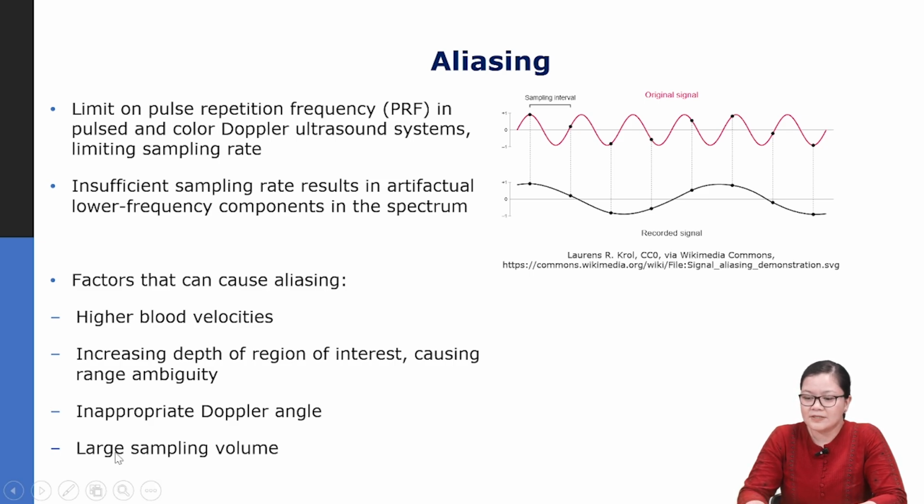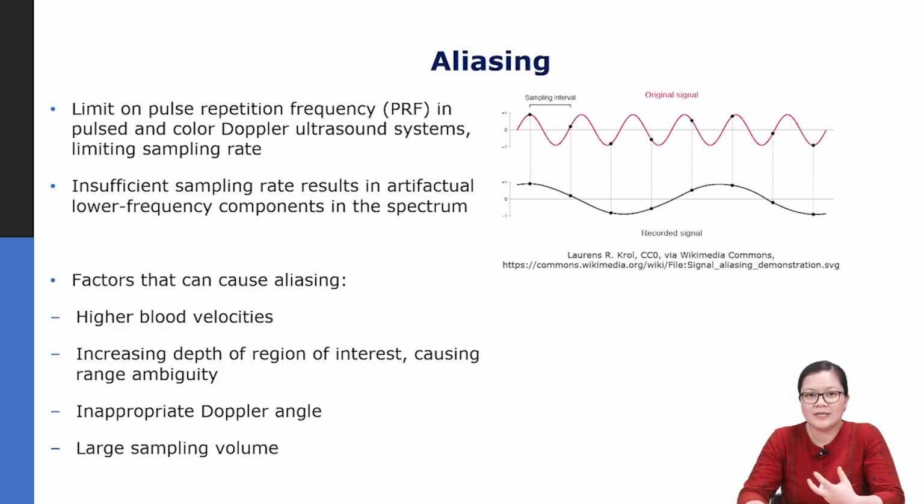And if you have a large sample volume, let's say you sample a really large vessel, you have a range of Doppler frequencies, from low towards the sides of the vessel to really high towards the middle. If you're trying to capture all that range of Doppler frequencies, then it might also be that the frame rates will not be adjusted properly.